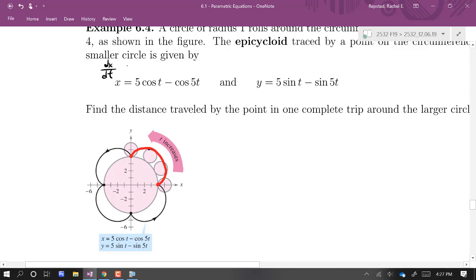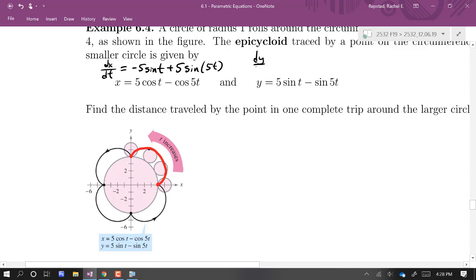So what do we get for dx/dt? Negative 5 sine t plus 5 sine 5t.